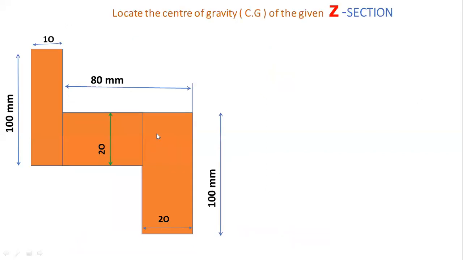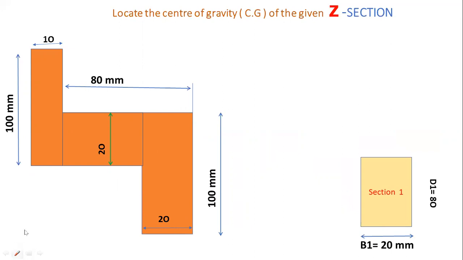Now this is the third problem. In this case, you have to find the centroid or center of gravity of this given Z section. First of all, the given Z section is split up into 3 rectangles like this. This one is the bottom rectangle. B1 is the base, B1 equals 20 mm.